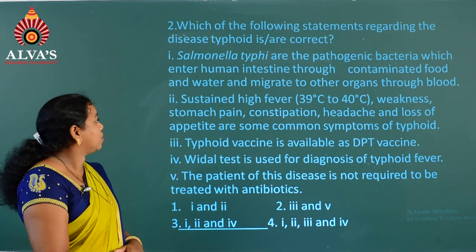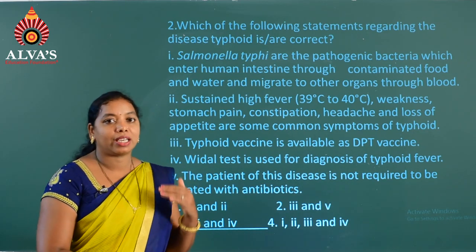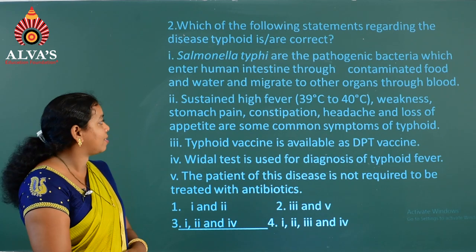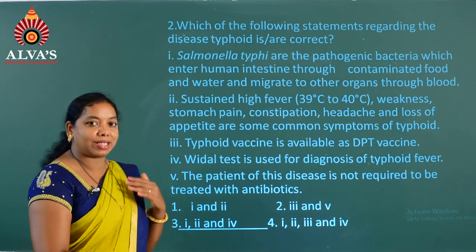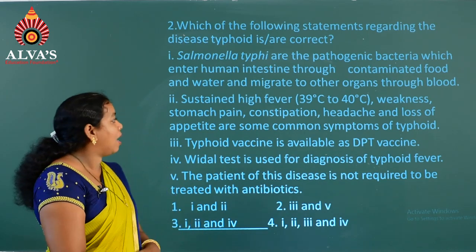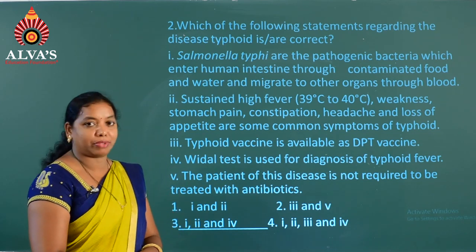The second option is that sustained high fever, about 39 to 40 degrees Celsius, weakness, stomach pain, constipation, headache and loss of appetite are some symptoms of typhoid.